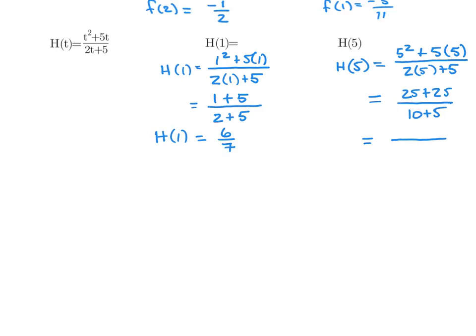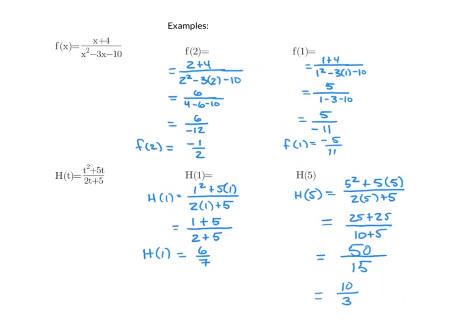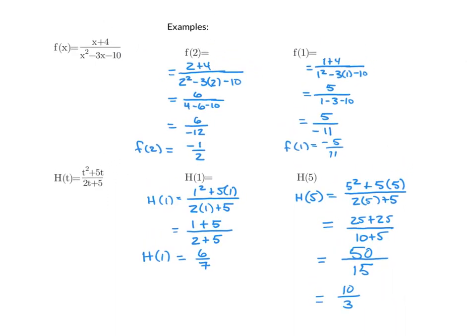If we add, we get 50 over 15. I can divide both of these numbers by 5, which gives us 10 over 3. And that takes care of evaluating functions.